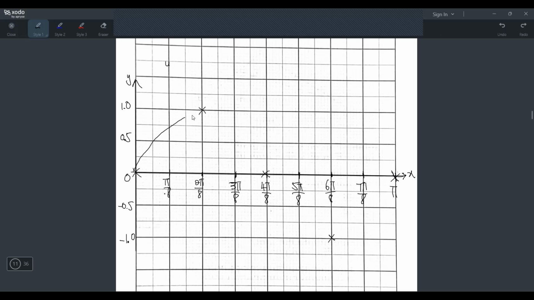Oops. Like this. Alamak. Okay, it's very hard for me to draw nicely.